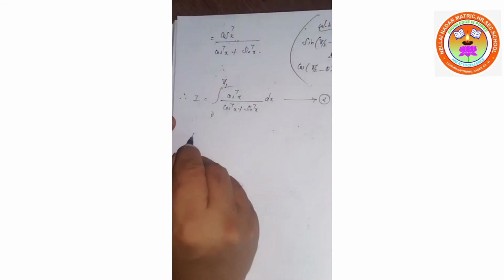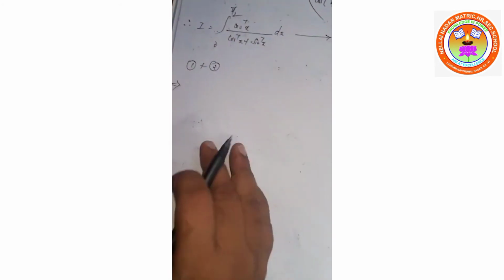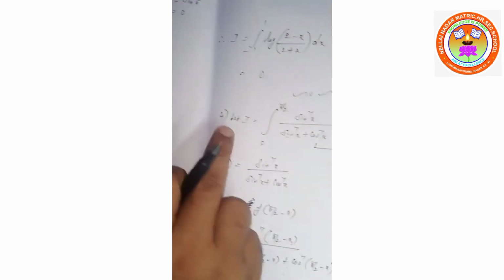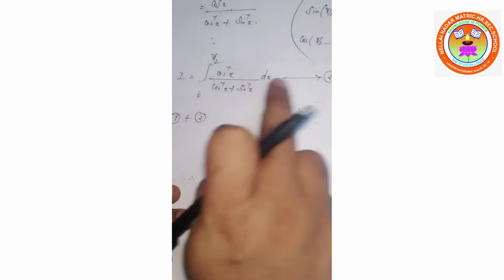I am going to add 1 and 2. 1 plus 2 implies, in equation number 1, what is in the left hand side? I. In equation number 2 also, what is in the left hand side?